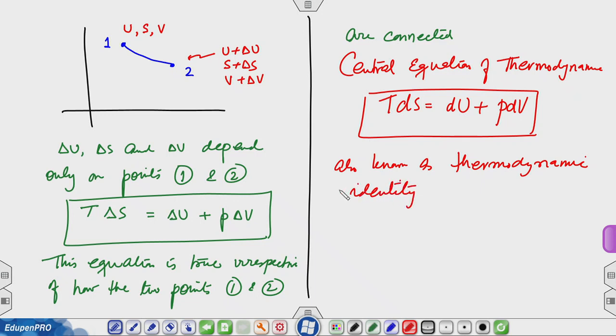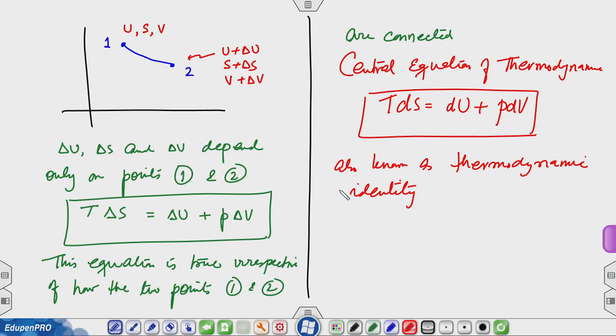So it's a thermodynamic identity, true irrespective of how we are connecting the 2 points. Because you see all the quantities given here are defined irrespective of the path. The changes are irrespective of the path.